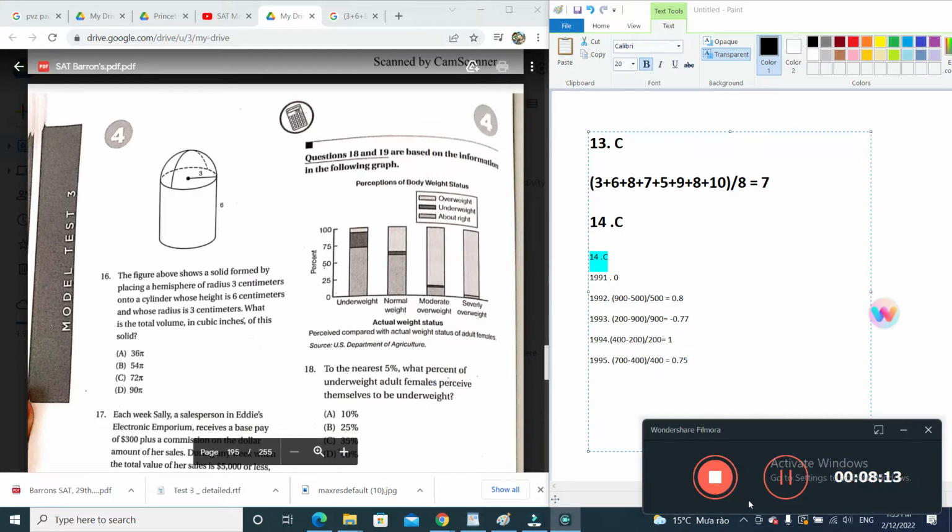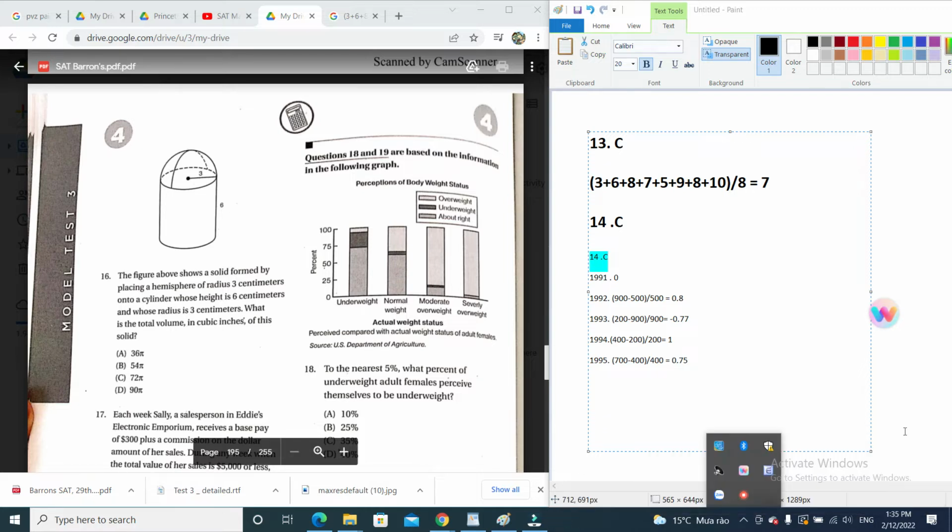In this question we are given a hemisphere and a cylinder, and those two shapes fit together to make a compound shape. We were asked about the volume of the compound shape.